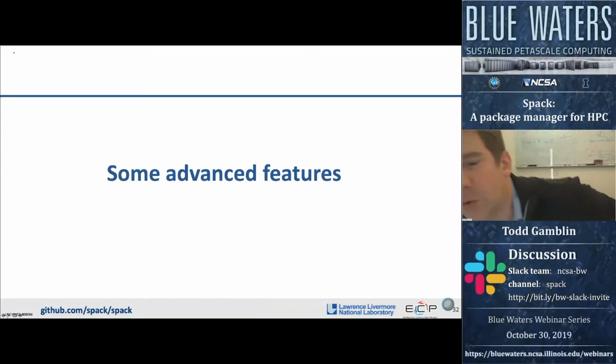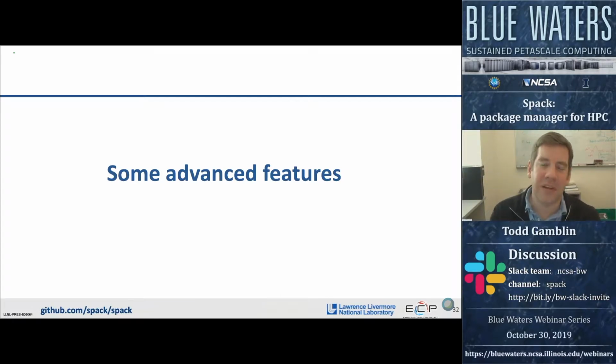Okay, so just to talk about some of the more advanced capabilities of Spack, I mentioned virtual dependencies earlier in the context of MPI. If you really want to get into the details of Spack and see how we've templated some of the things that are hard about HPC builds, we have advanced features. And so virtual dependencies is one thing that we've fleshed out a package interface for.